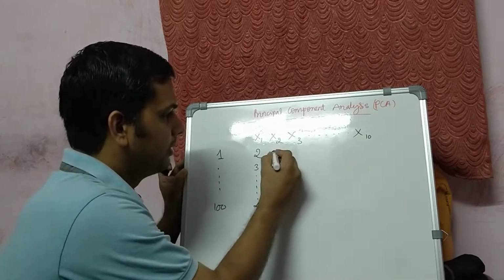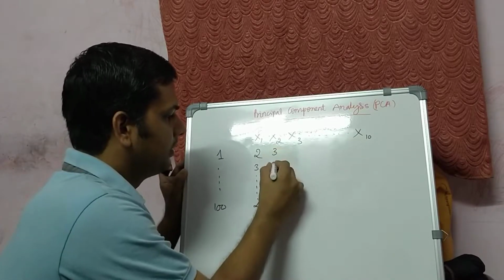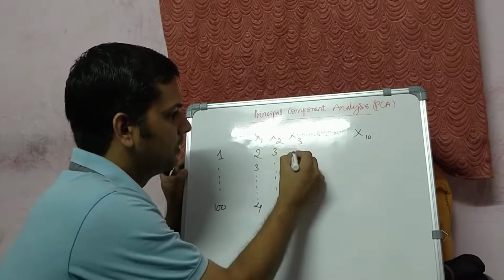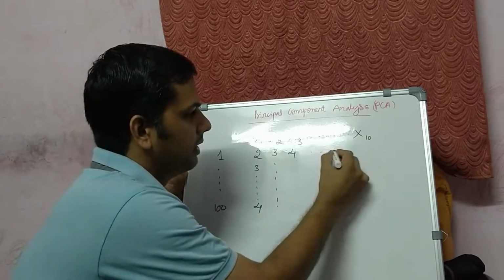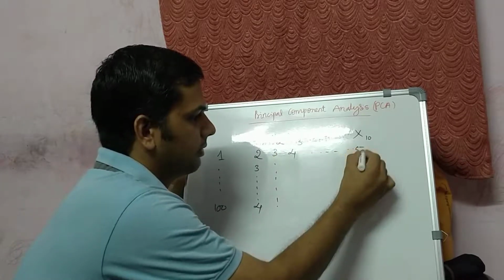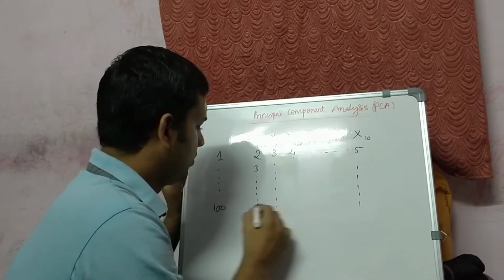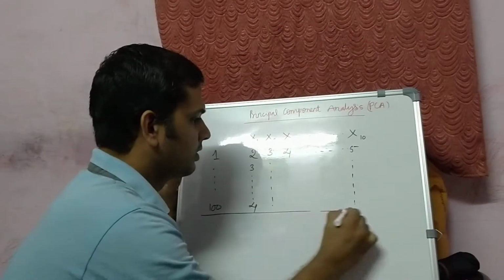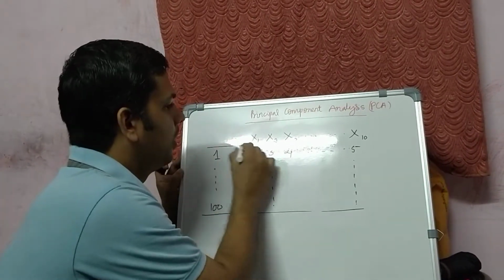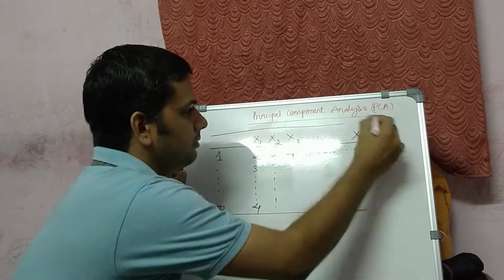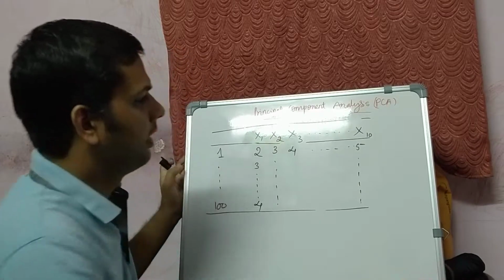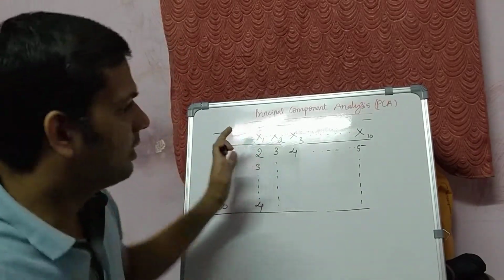For the x variables I am just giving some values. Similarly for x10 this is 5. So for 100 observations we have values for 10 features. We want to reduce these features.